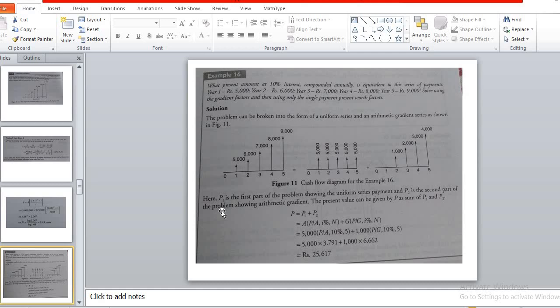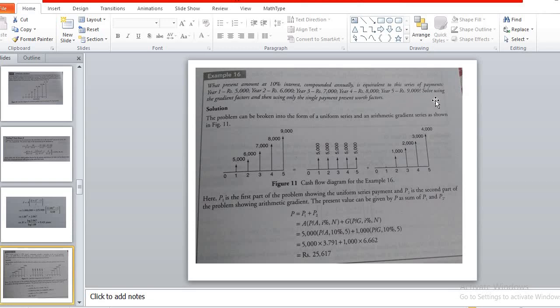In this example, they ask to find what present amount at 10% interest compounded annually is equivalent to a series of payments: year 1 rupees 5,000, year 2 rupees 6,000, year 3 rupees 7,000, year 4 rupees 8,000, year 5 rupees 9,000.